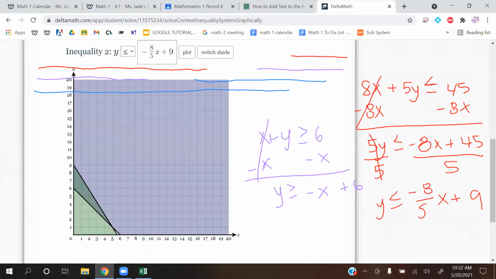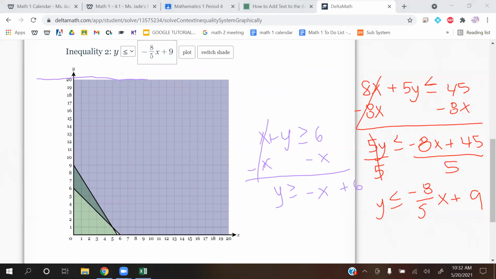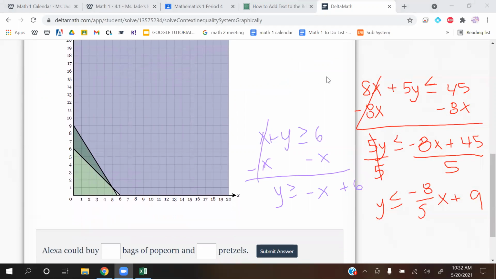Finally, we just choose a point in the double shaded area. So that double shaded area would be anywhere in this section. So you can choose any point there, as long as it's in that section. Well, and I guess as long as it's a whole number, because you can't buy like a 0.5 bag of a pretzel, okay?